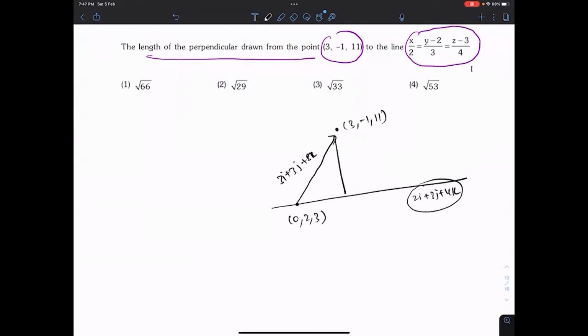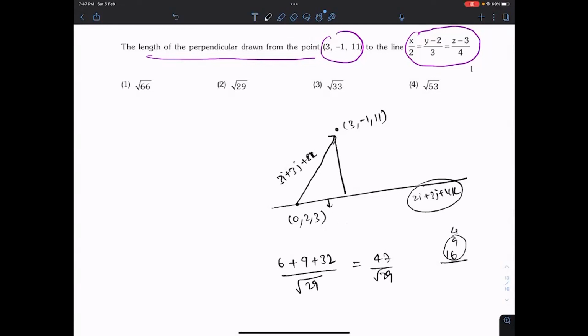So do the dot product: 6 plus 9 plus 8 for the 32, divided by root of 4 plus 9 plus 16. If you add them, how much will you get? 29. So overall it will be 47 by root 29. Sorry, 47 by root 29.